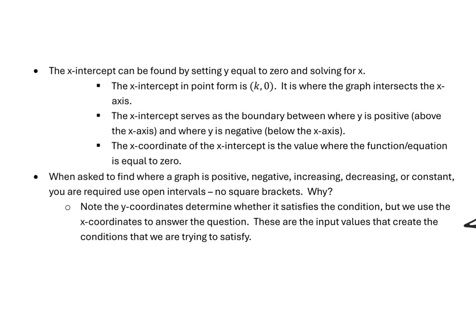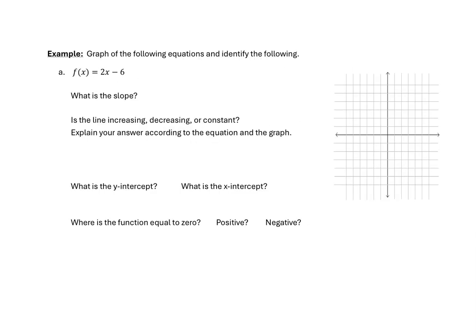Okay? All right, we're going to start with looking at some linear equations in order to get us started. These are the easiest ones to work with. So what we're going to do is graph these equations, and we want to identify the following. We first want to know what is the slope. So we have an equation, f of x equals 2x minus 6.